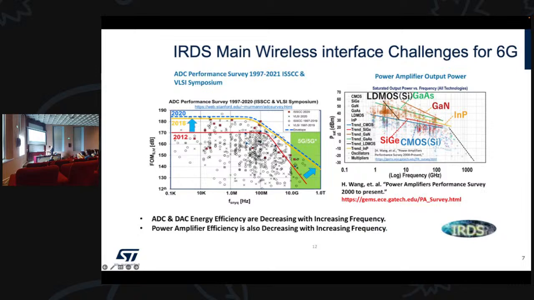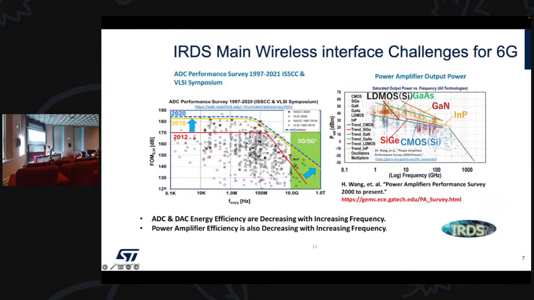And the second one is the power amplifier limitations. For the ADCs, the limitation is mainly the power efficiency when we increase the sampling frequency. And if you have wideband to transfer, you have to increase the sampling frequency.